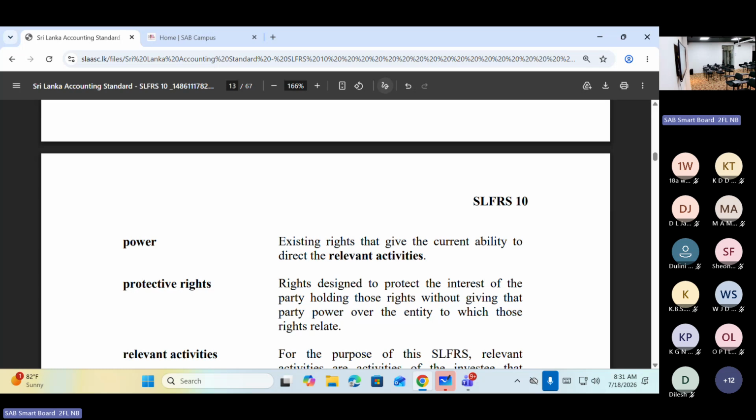Then consolidated notes and disclosures.